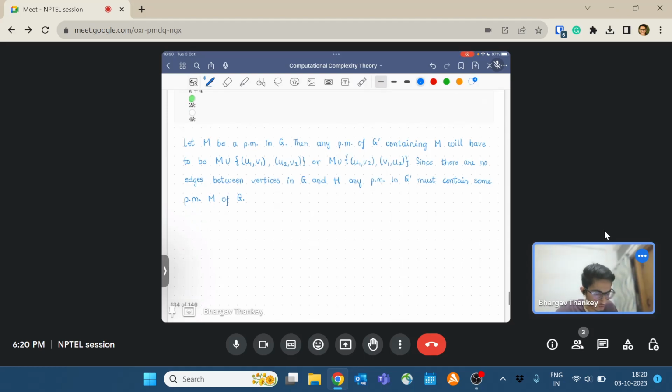So starting from every perfect matching in G, we can get two perfect matchings in G prime, right?